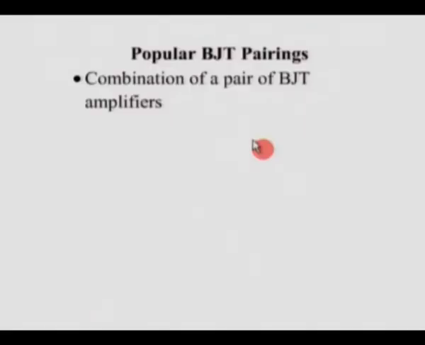Now let us come to some actual applications and some realizations. When we talk about BJTs, we talked about 3 types of amplifiers: common emitter, common base and common collector, which have very different performance parameters. Let us try to compare them before we look at the way we could pair them.